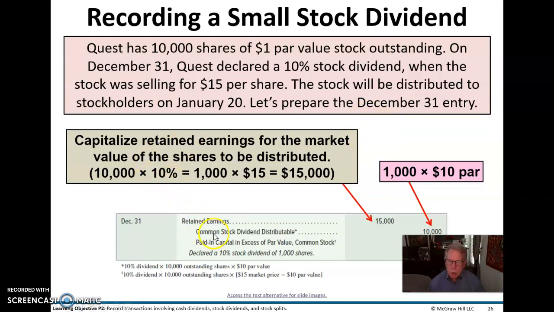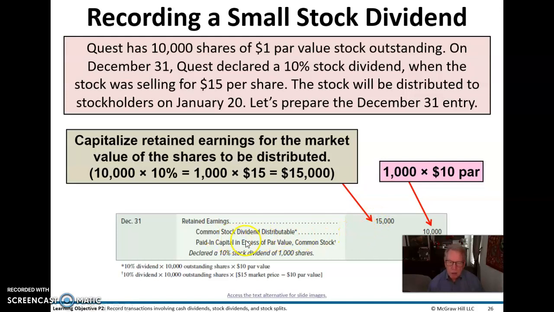So what we do is we take the market price of $15 a share and multiply it times the 1,000 shares of stock dividends. And that means that I'm going to reduce retained earnings with a debit of $15,000.